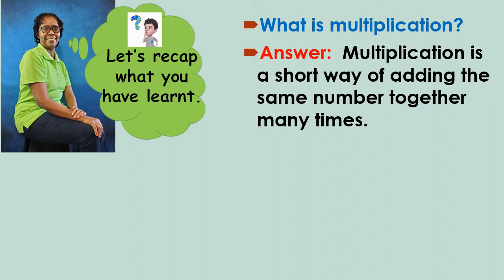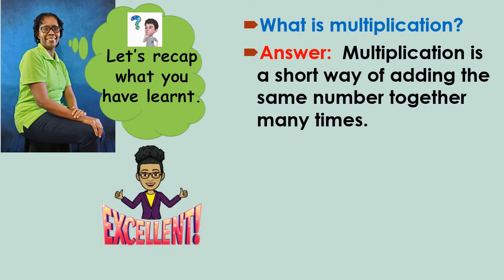Okay, the answer is multiplication is a short way of adding the same number together many times. And if you had said it is repeated addition, you would have been correct as well, because multiplication is also repeated addition. Excellent job. Put your hands together for yourself. Wonderful. I am so proud of you.